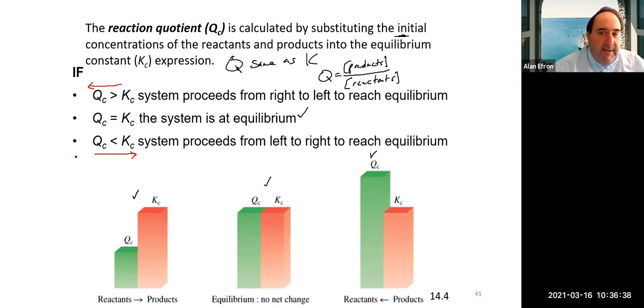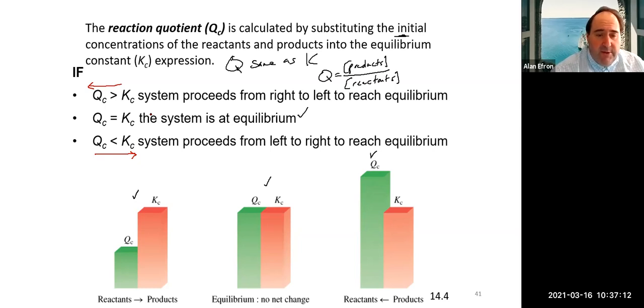We will also see Q pop up later, a little later on in this chapter, in a different context, when we're given the starting amounts of everybody and we're not sure if we are at equilibrium, and it might affect the way you would do a calculation. Any questions on Q? Again, it's calculated identical to how you would calculate the equilibrium expression.